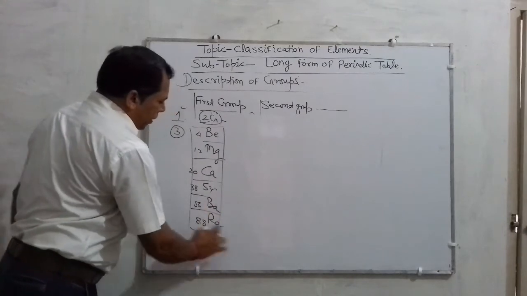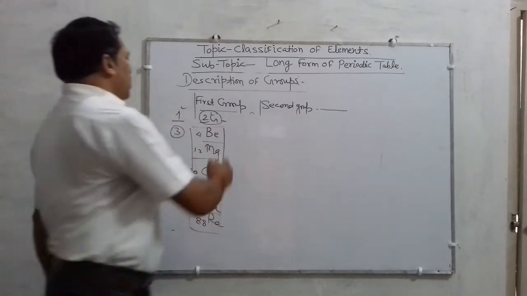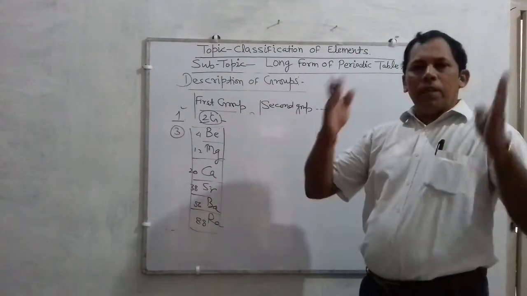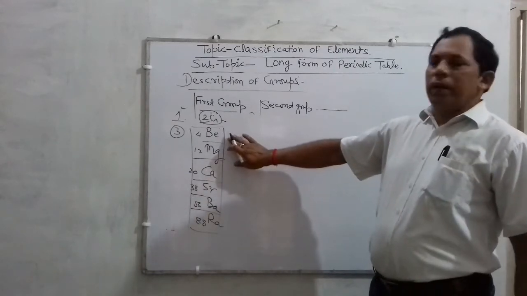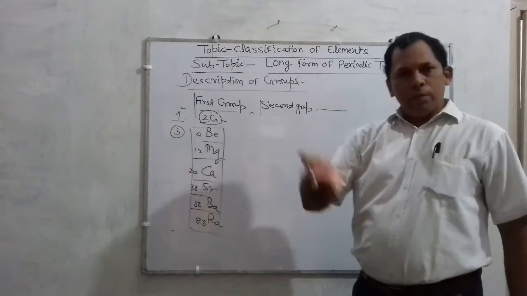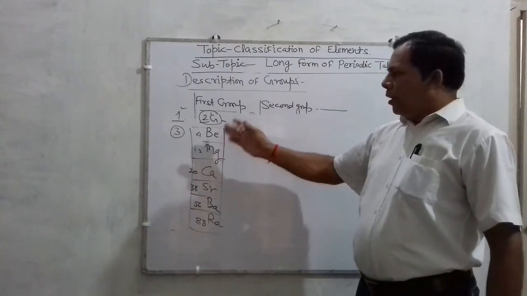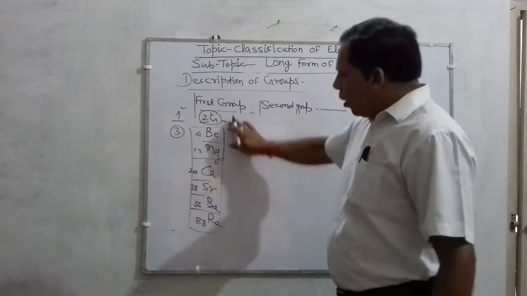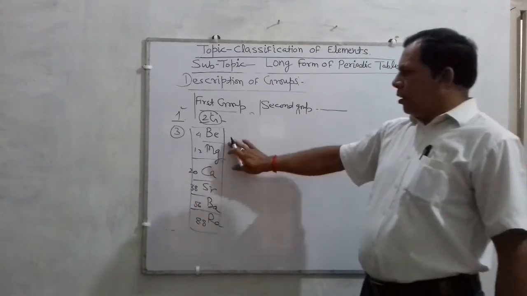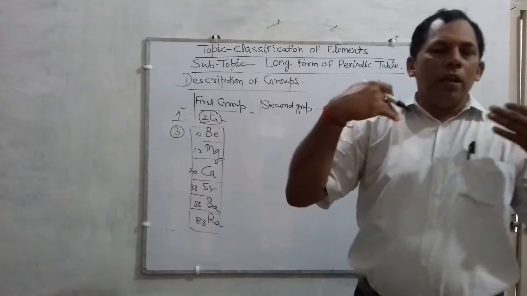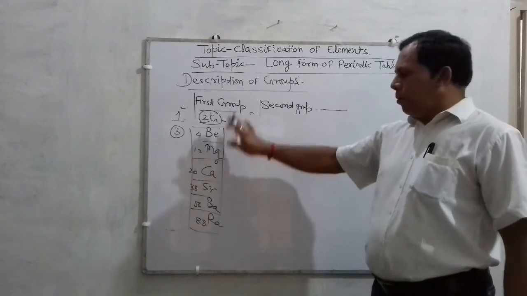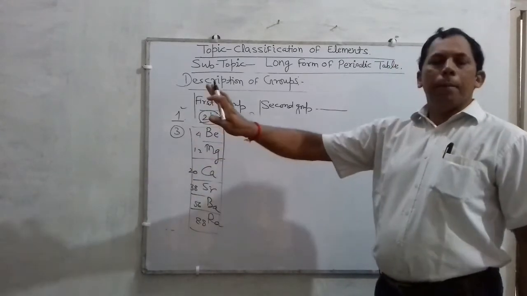Means the elements present in this group, beryllium, magnesium, calcium, strontium, barium and radium, possess similar chemical properties, means they show the properties of metals, all are metals, they have 2 electrons in their outermost shell. They all belong to the same subshell. Their outermost electrons will occupy the s subshell, and that's why they are considered members of the s block. This is the meaning of this property.